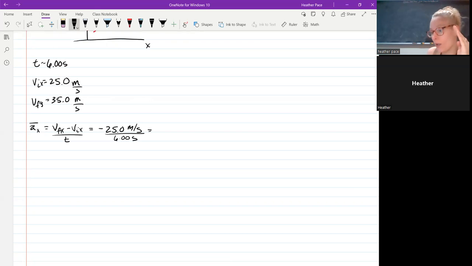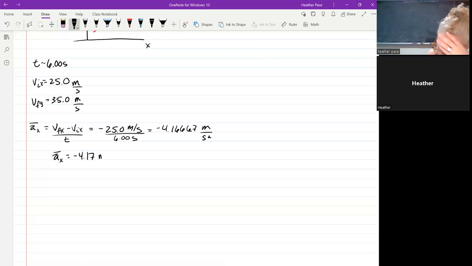Now our final velocity we see has no x direction, so we're going to have 0 minus 25. Using our proper significant digits, we have negative 4.17 meters per second squared.